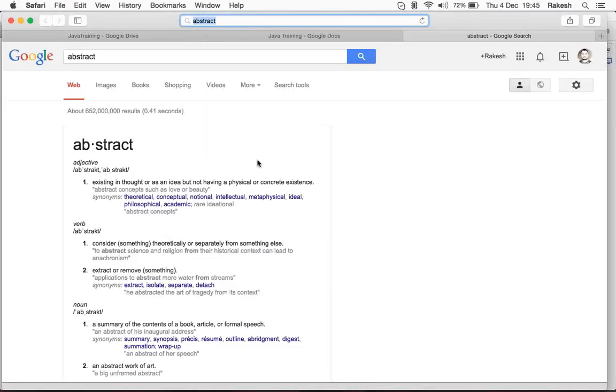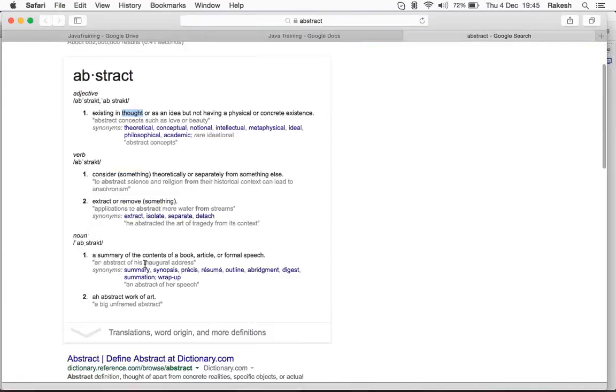abstract is something which is a thought or an idea, right? Or to be more specific, something which is not physical or concrete, right? So that means something which is not complete. An idea or a thought is something in your mind, something which is not clear. We say I have an idea, right?